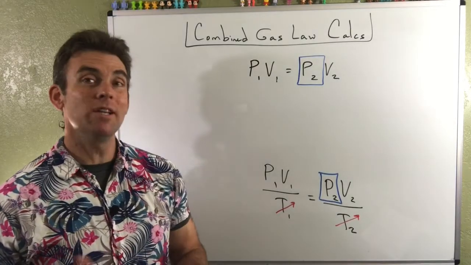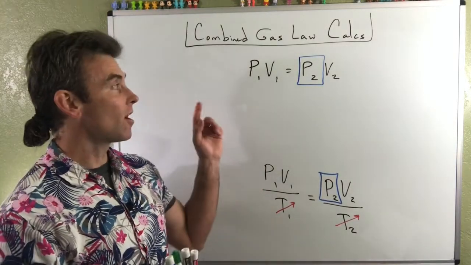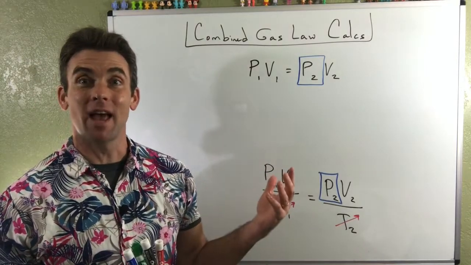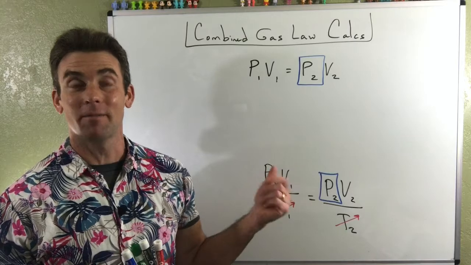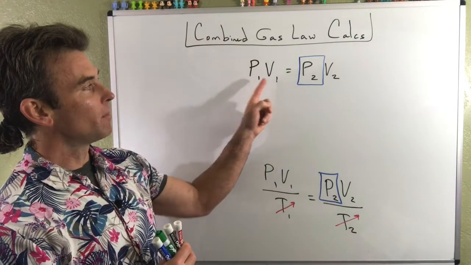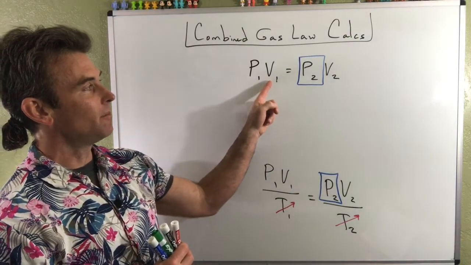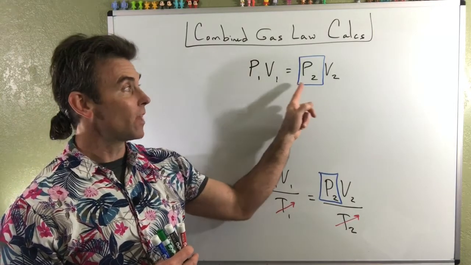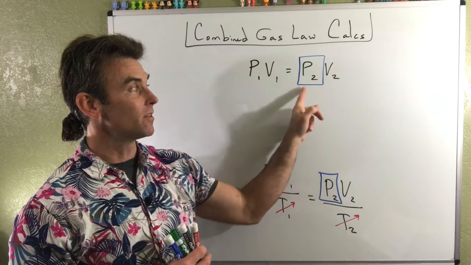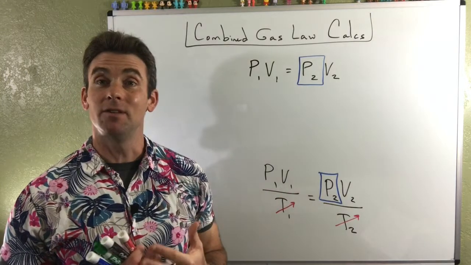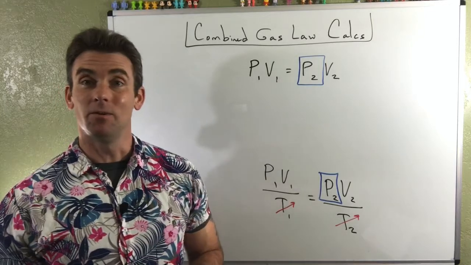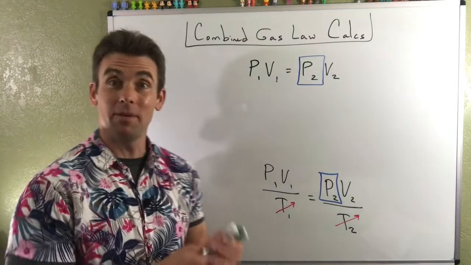One of the beauties of algebra is that there are operations, which you'll hopefully remember, that reverse the effects of any operation mathematically, right? So here you'll remember that these guys are an inverse relationship, so it's a multiplication. That means that this side, which is also a multiplication, means that I have to do the opposite. And what I'm going to do is divide by V2 on both sides in order to get P2 alone.